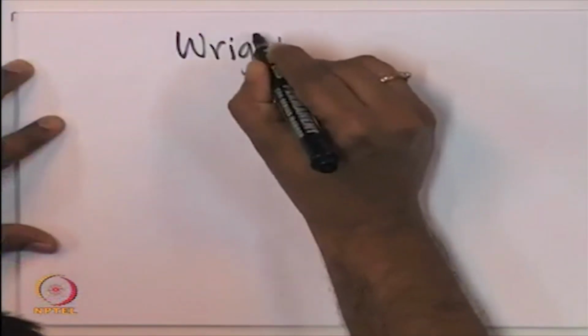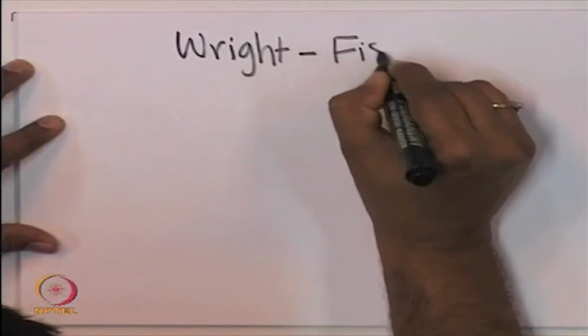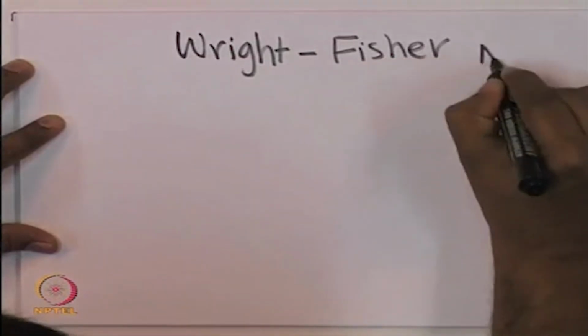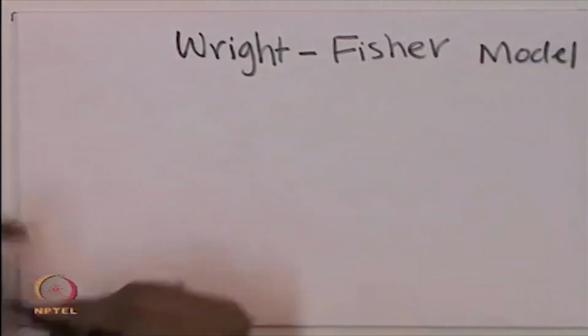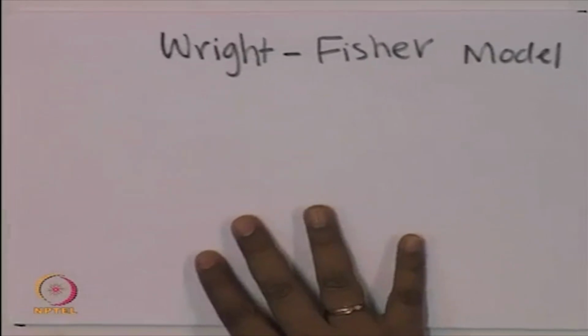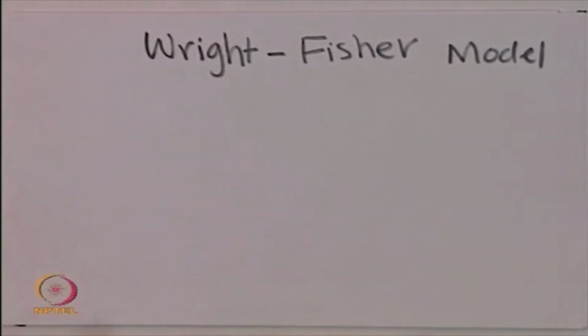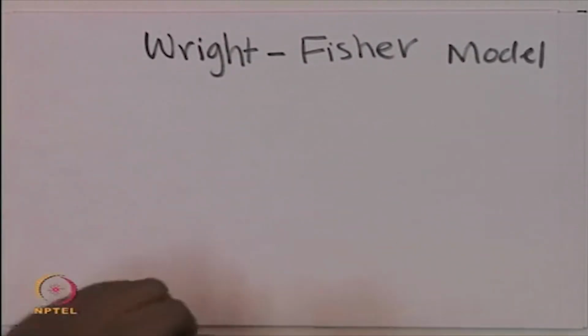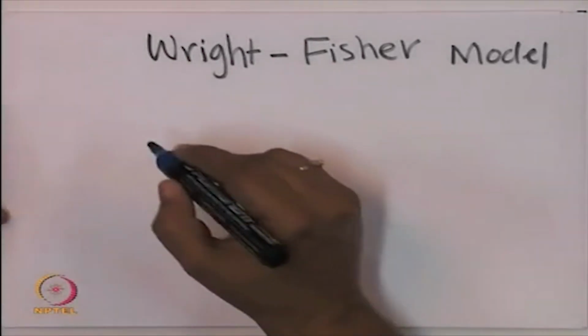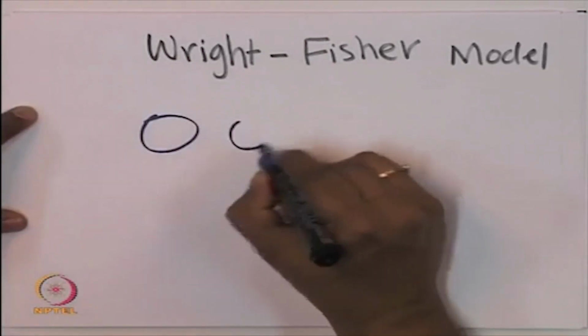Given that things happen generation after generation, what can we think of as the simplest thing? What we are going to discuss is the Wright-Fisher model. What is the simplest thing you can think of? Think of there are n individuals.